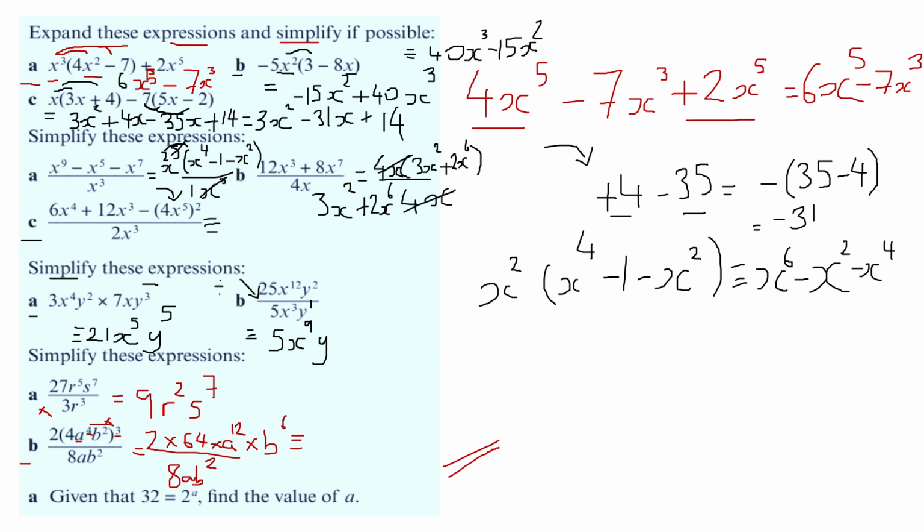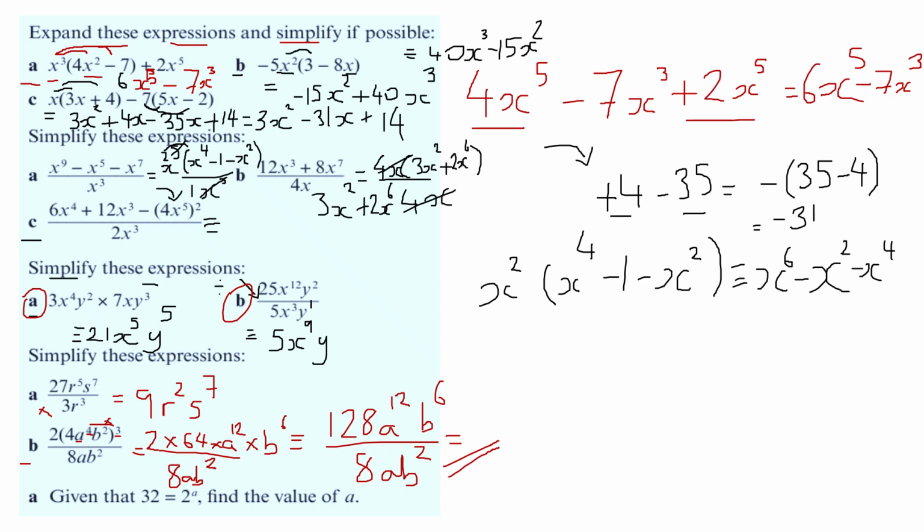I'm now going to tidy up the numerator. 2 times 64 is 128. A to the power of 12, b to the power of 6, and we're dividing it by 8ab squared. And again, it becomes like one of the problems we've just done in the previous part. So we can do 128 divided by 8. Half it, I get 64.